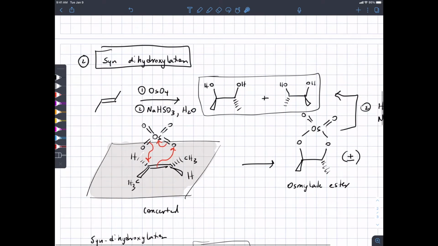Notice that when we add the OHs to the same face of the alkene, if we keep those OHs lined up, we should also see the groups that were on the alkene in their same orientation. Right? When I line up these OH groups together, the methyl group's coming forward and then the other is going back.